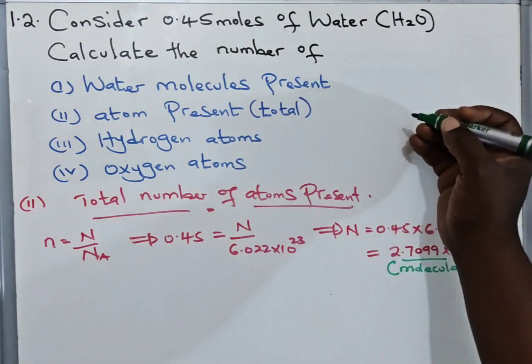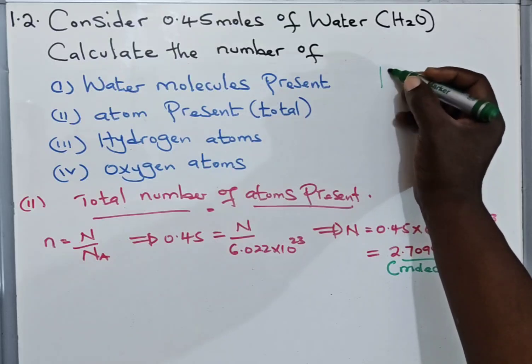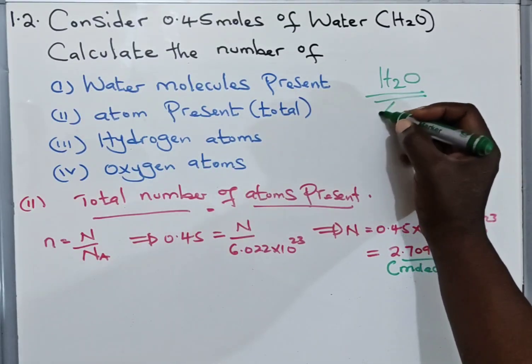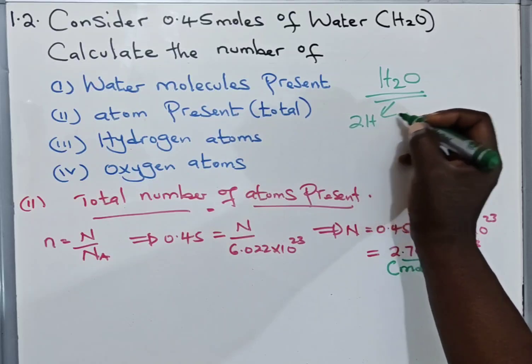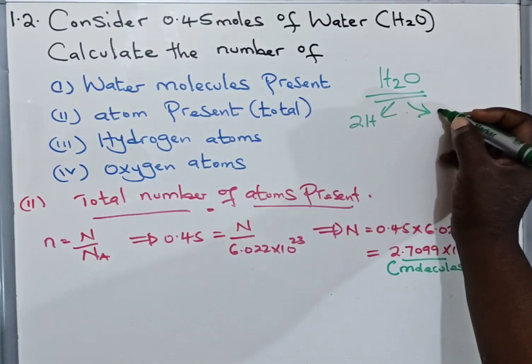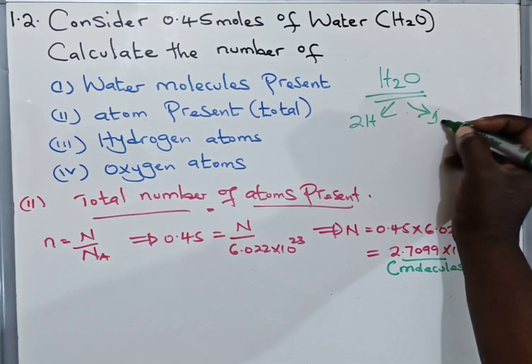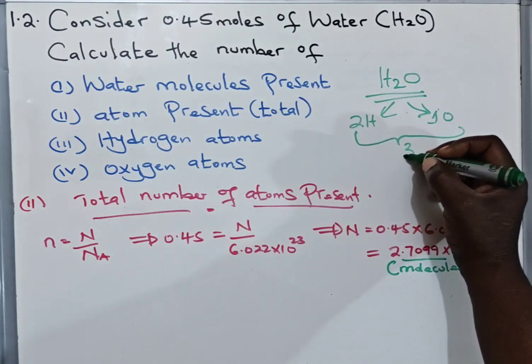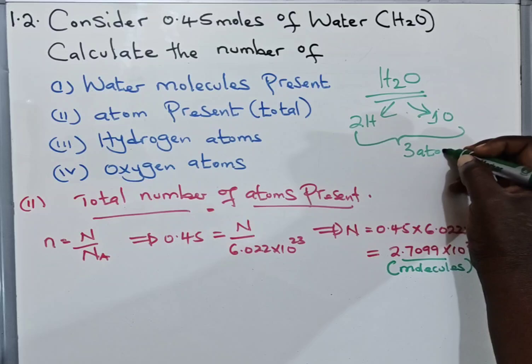You have to be reminded that a water molecule has 2 hydrogen atoms and 1 oxygen atom. In total we get 3 atoms.